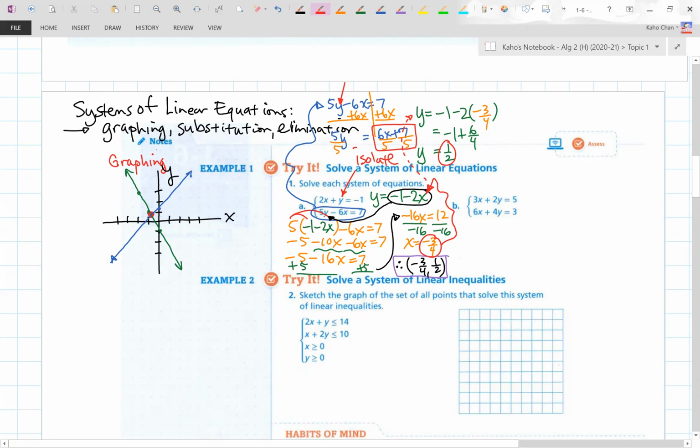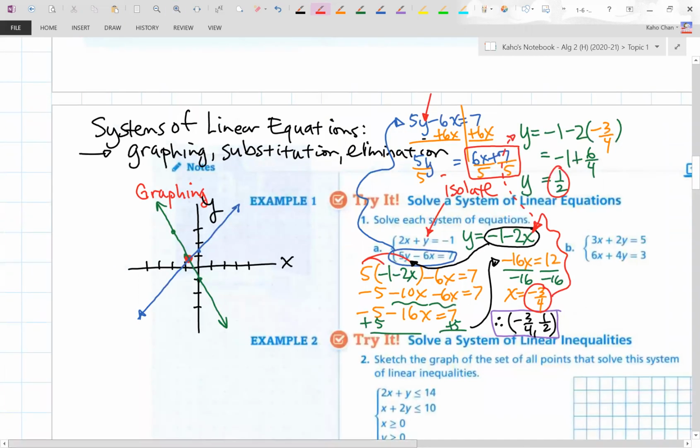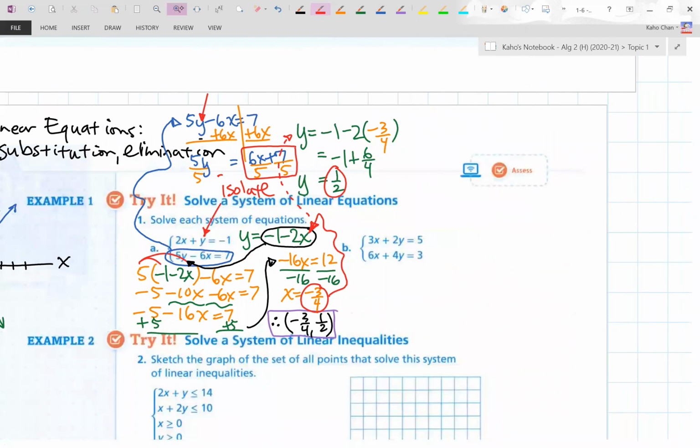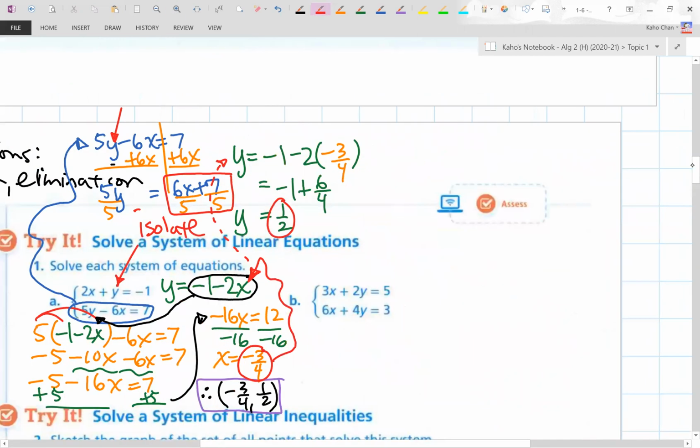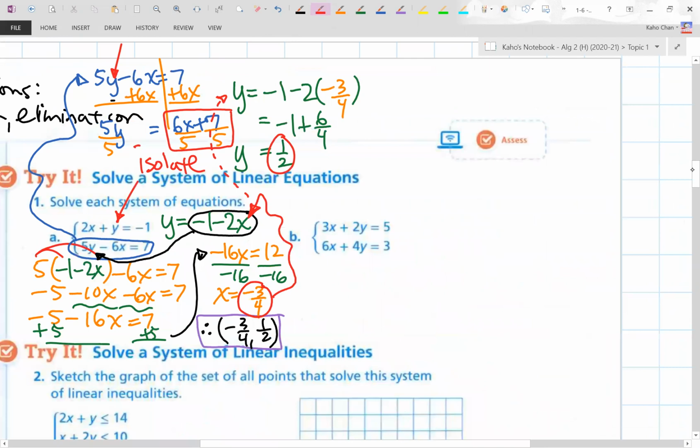Moving on to 1b, we have a system of linear equations where all the x's are lined up and all the y's are lined up and so on. Let me zoom in a little bit so you can see a bit better. Now, elimination, you recall from Algebra 1, is to get rid of a variable or a column as soon as possible.